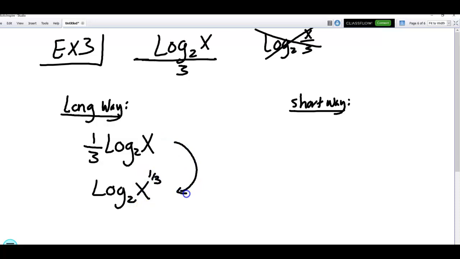Now, the software I use to generate your tests and homework is not going to leave the answer like this, because a 1/3 power is really a root. So they're going to write it as a root. This will be the final answer for that.